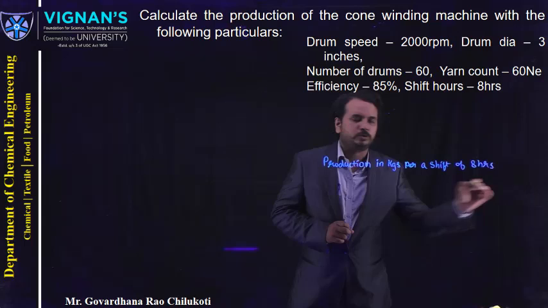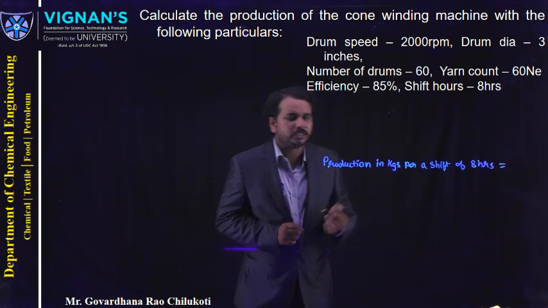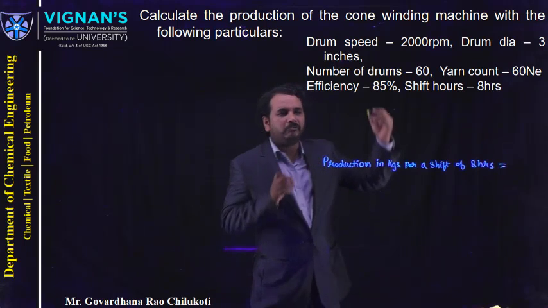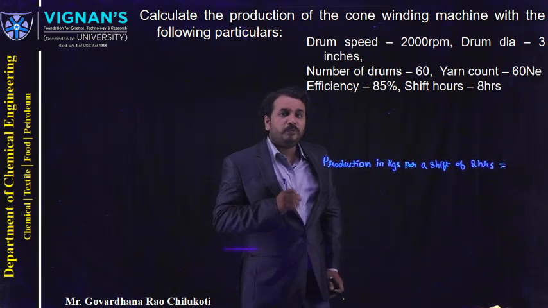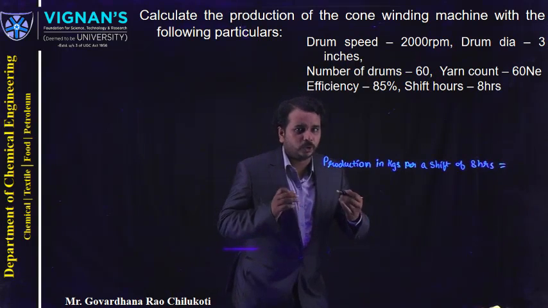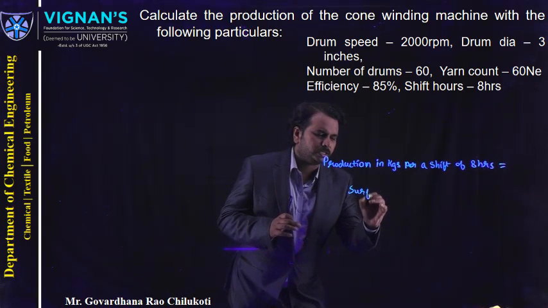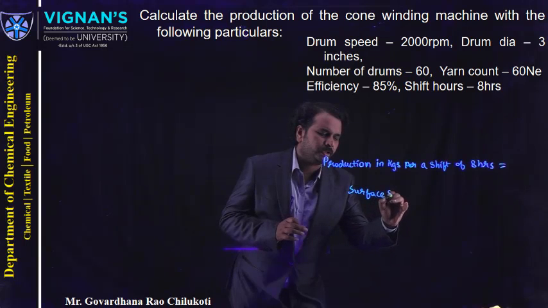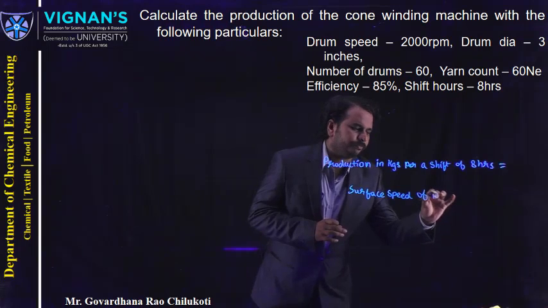This is what we are going to calculate. For this, with the given drum speed and drum diameter, we are going to calculate one by one. First we calculate the surface speed of the drum.